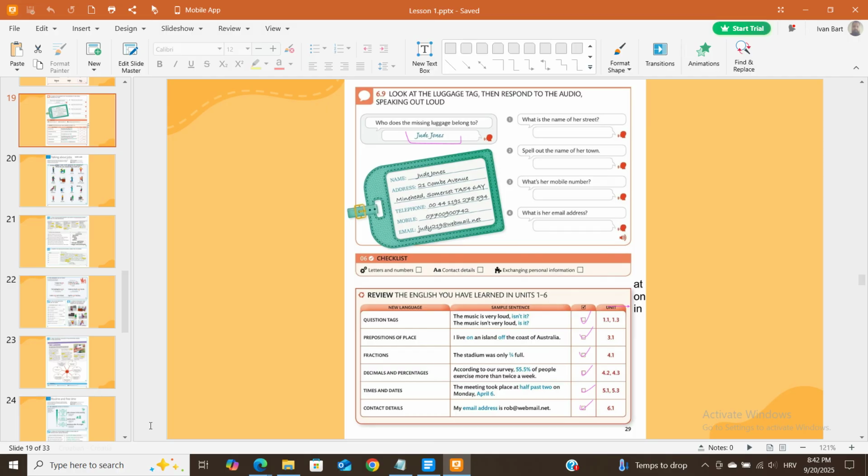According to our survey, 55.5% of people exercise more than twice a week. The meeting took place at 2:30 on Monday, April 6th. My email address is rob@webmail.net.